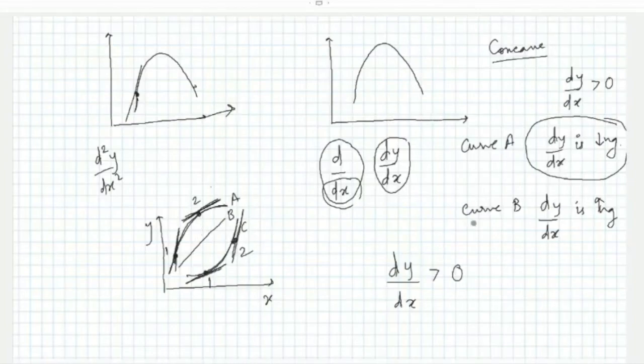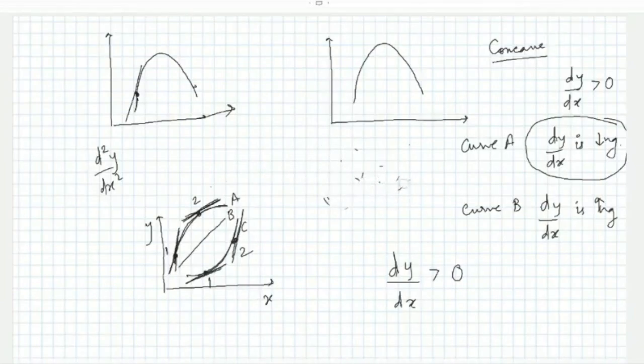So in a way I can say that for curve A, d square y by dx square will be negative. So when the slope is decreasing, then the second order derivative will be negative. So for curve A, d square y by dx square will be negative, and for curve C, d square y by dx square will be positive.